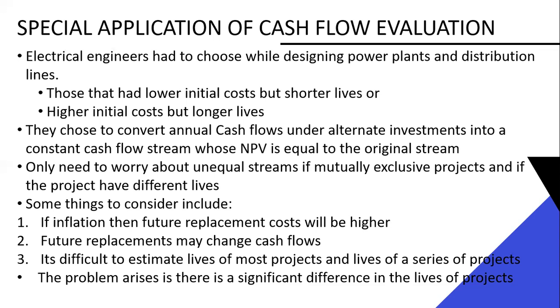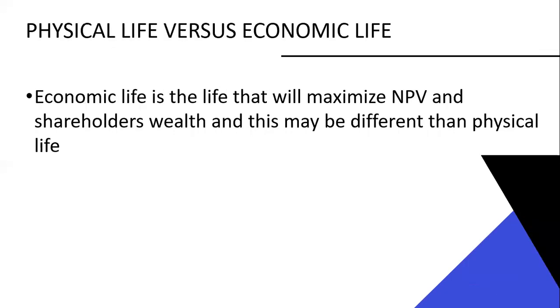If you replace a machine in the future, not necessarily will the exact same cash flows result, because the machine may also be different later on. It's also difficult to estimate lives of most projects and lives of a series of projects. So there is a bit of a problem when you are trying to evaluate projects with significantly different lives, where one is very short and one is very long.